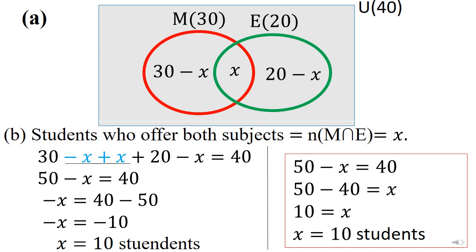We maintain the 50 at the left hand side. Then we also send the 40, which is at the right hand side of the equation, to the left hand side of the equation. Since it is positive 40, when it crosses, it becomes negative. So we have 50 minus 40 equal to x. So 50 minus 40 is equal to 10. So we have 10 is equal to x. X is equal to 10 students.